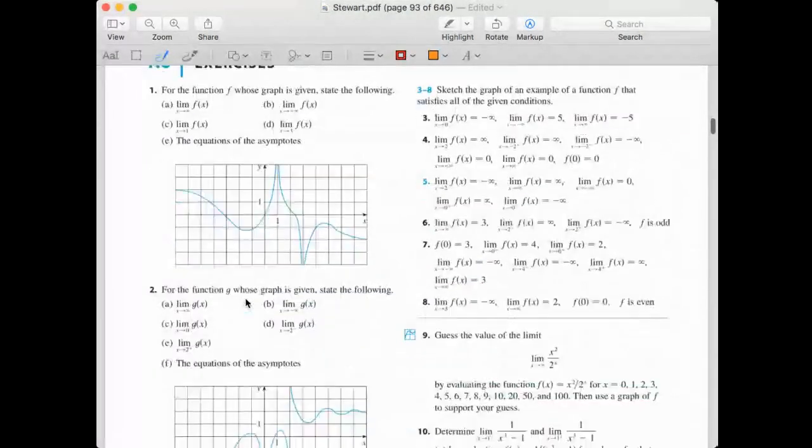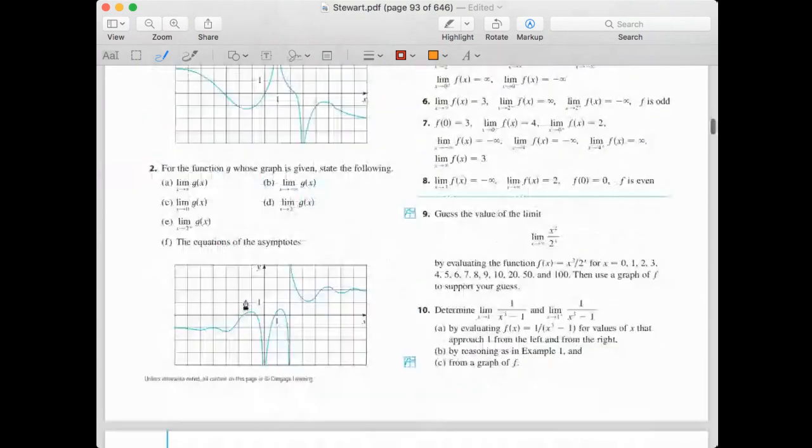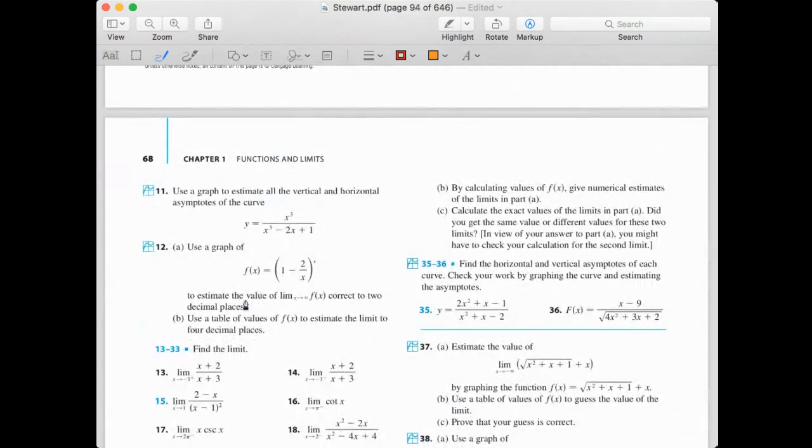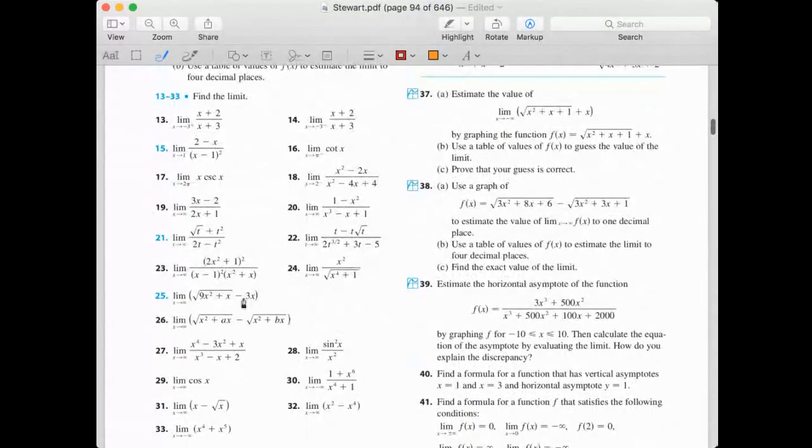All right, let's choose some examples, some practice. Let's try the 17. Yeah, we have time. Let's try 15. You know what? 15 might be homework.